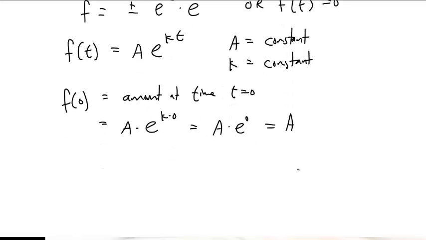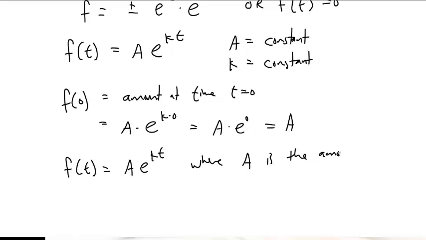So specifically, f of t is a e to the kt, where a is the amount at time t equals 0.